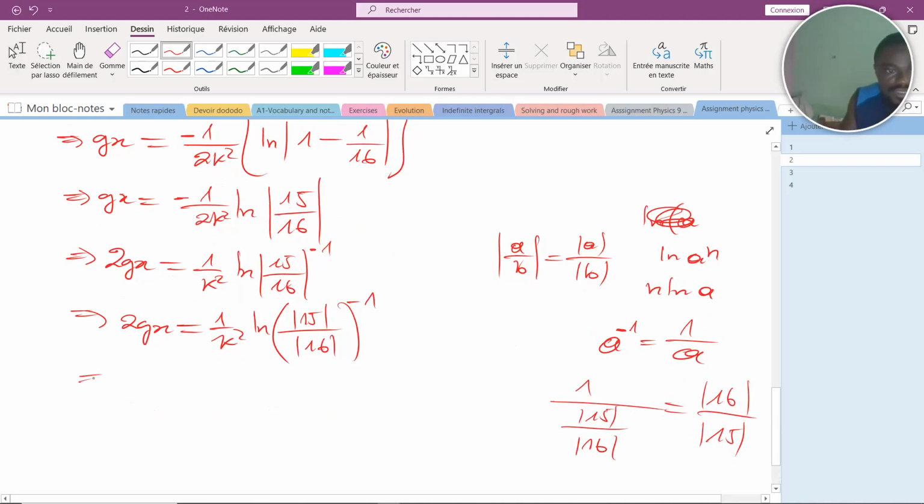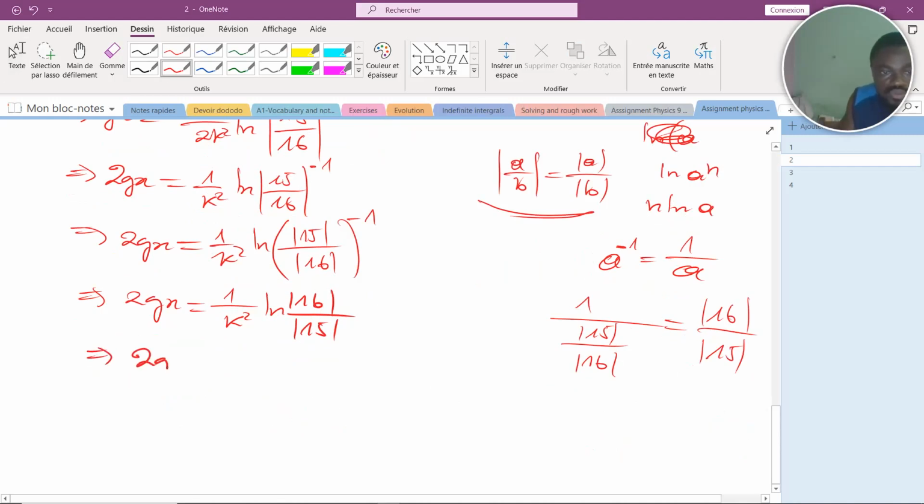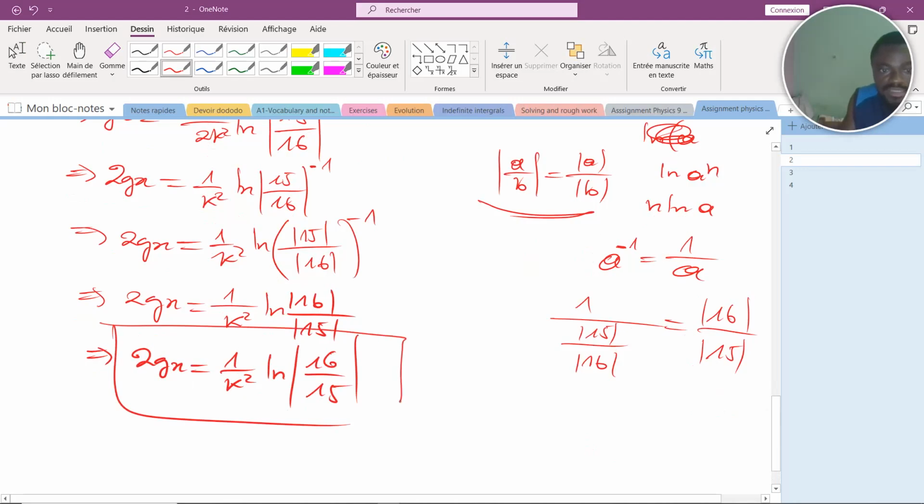So 2gx will be equal to 1 all over k squared ln of the absolute value of 16 all over 15. So that's what you were asked to prove. Is that okay? So it's very simple.